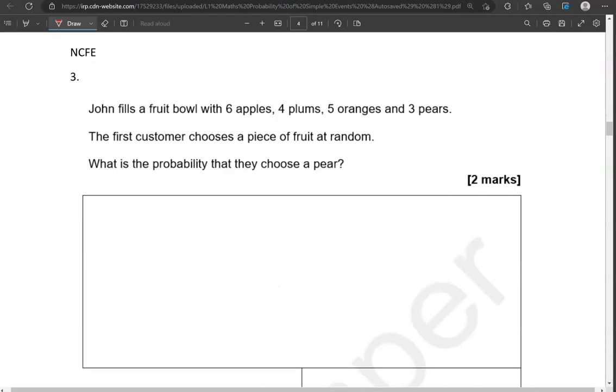John fills a fruit bowl with 6 apples, 4 plums, 5 oranges, and 3 pears. The first customer chooses a piece of fruit at random. What is the probability that they choose a pear? There are 3 pears out of the total number of fruits, which is 6 and 4 and 5 and 3. 6 and 4 is 10, and the 5 is 15, and the 3 is 18.